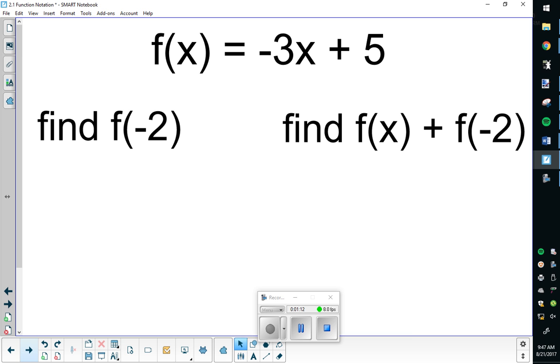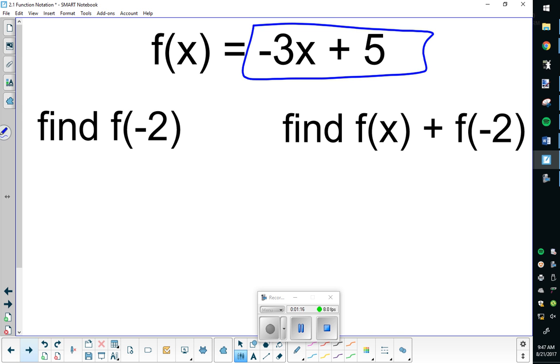For these first two problems, you got f of x equals that thing, negative 3x plus 5. The first one says find f of negative 2. So if I'm finding f of negative 2, Leslie, what's that asking us to do here? Plug negative 2 in for x. So it's going to be f of negative 2 equals whatever you get when you plug negative 2 in right there.